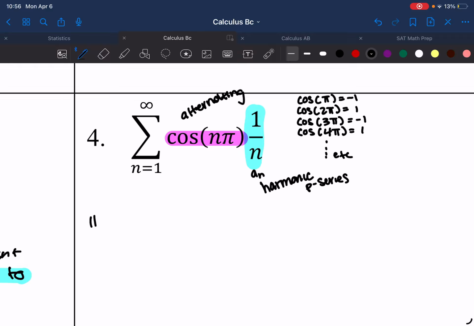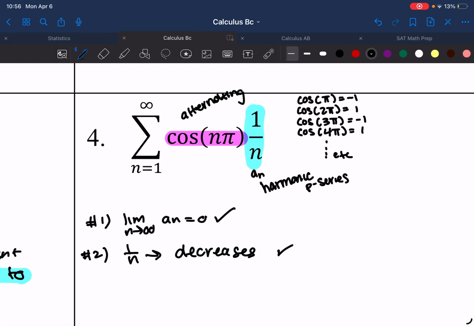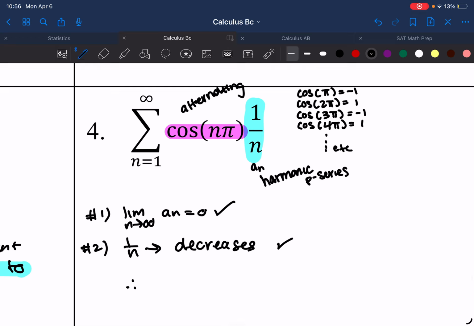So we can prove that just by proving the conditions. The limit as n approaches infinity of a sub n equals 0, which we already know. And for the next one, we know that 1 over n decreases, which is a sub n, so that proves that condition. Therefore, the series converges by the alternating series test.